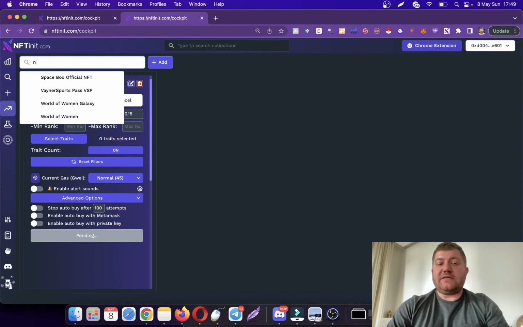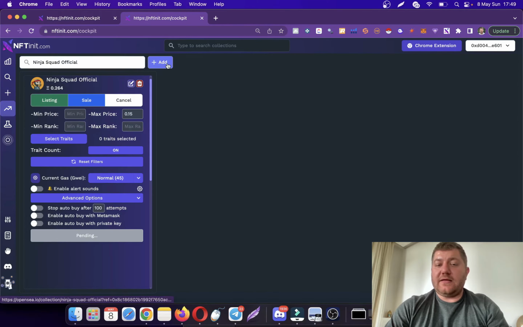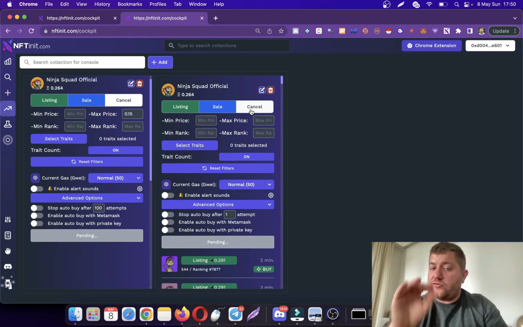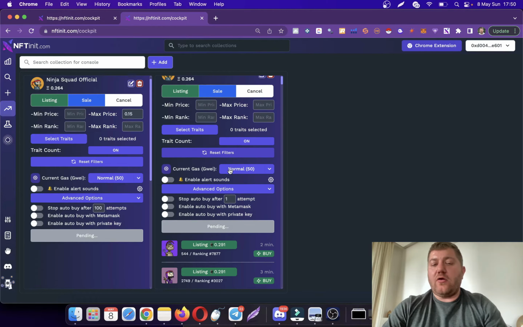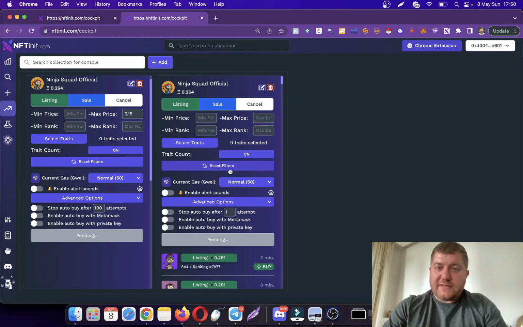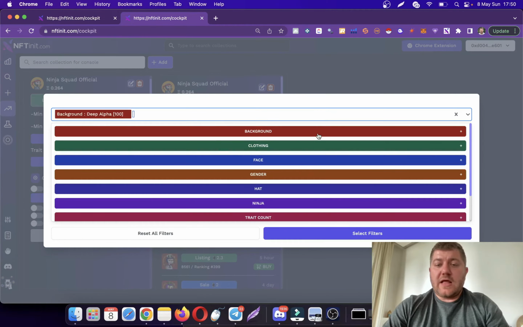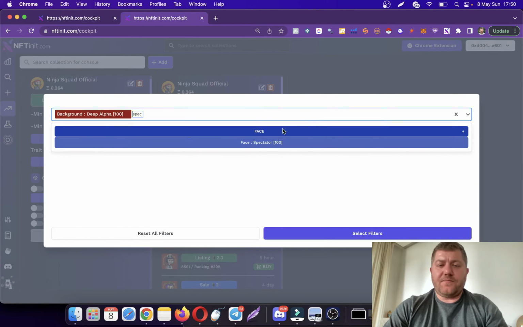Instead, as we have already discussed, we can focus on rarity or we can focus on traits. I already know the good traits in this collection. If you remember, we talked about deep alpha. And actually, there is another good trait here, which is called spectator, I think.